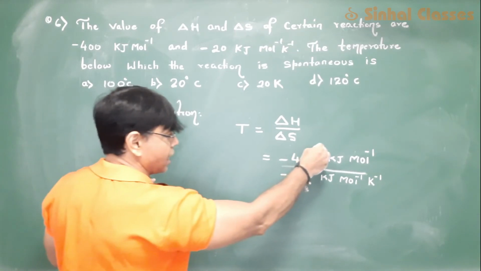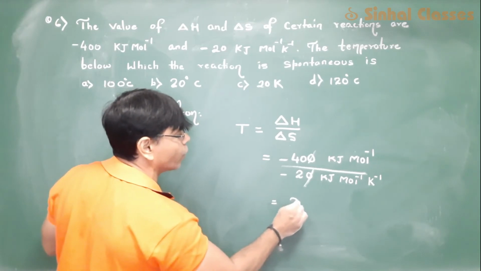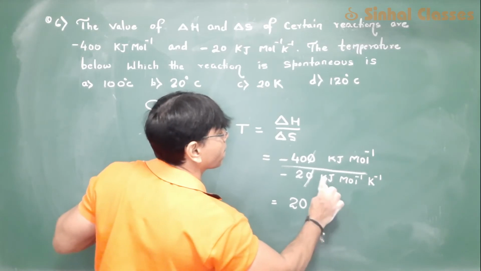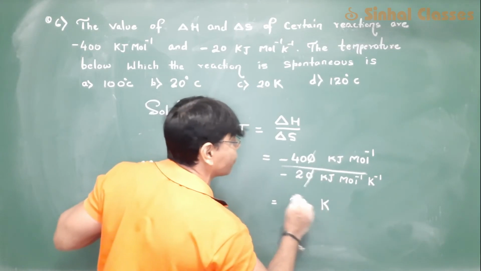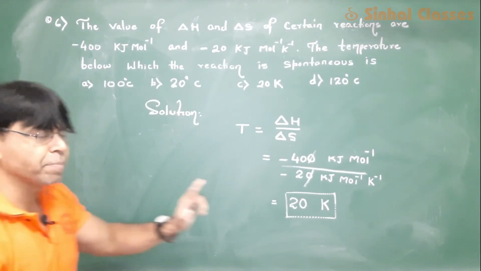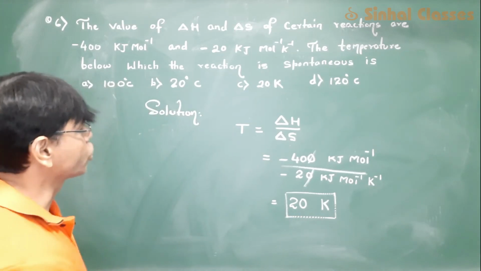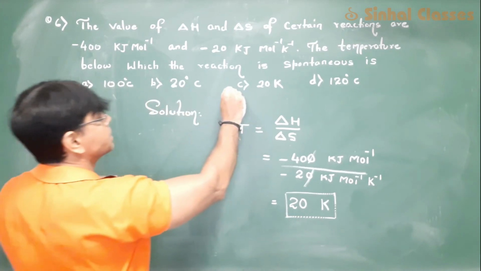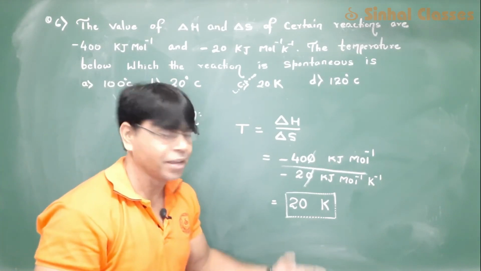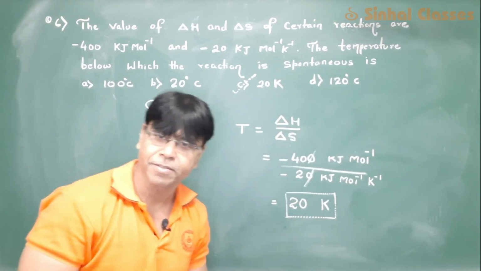When you cancel it, your final answer will be 20. It will be 20 Kelvin and not degree. Many times people make a mistake of writing degree. It is Kelvin here. So the option is C, which is the correct option for this question. It's very simple. So below this temperature, it will be spontaneous.